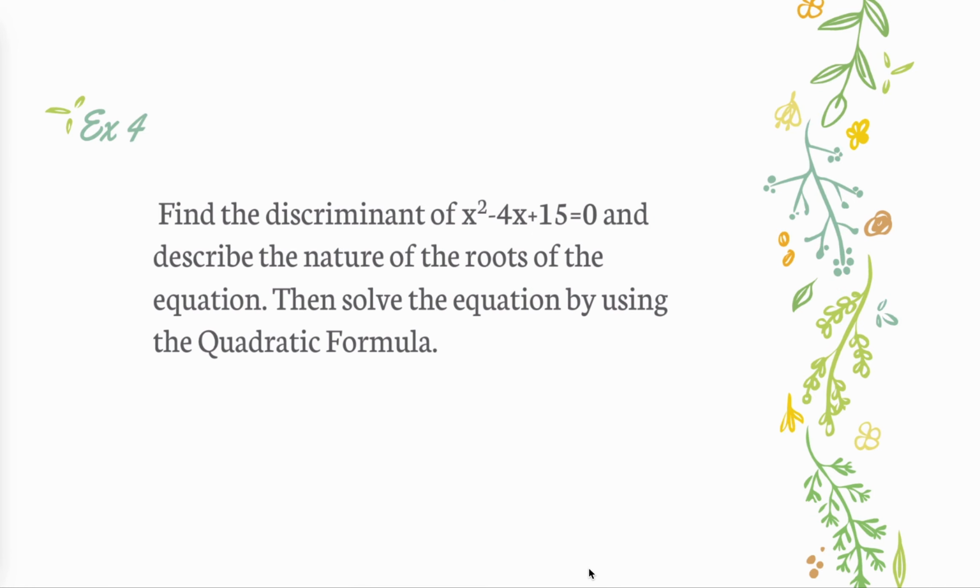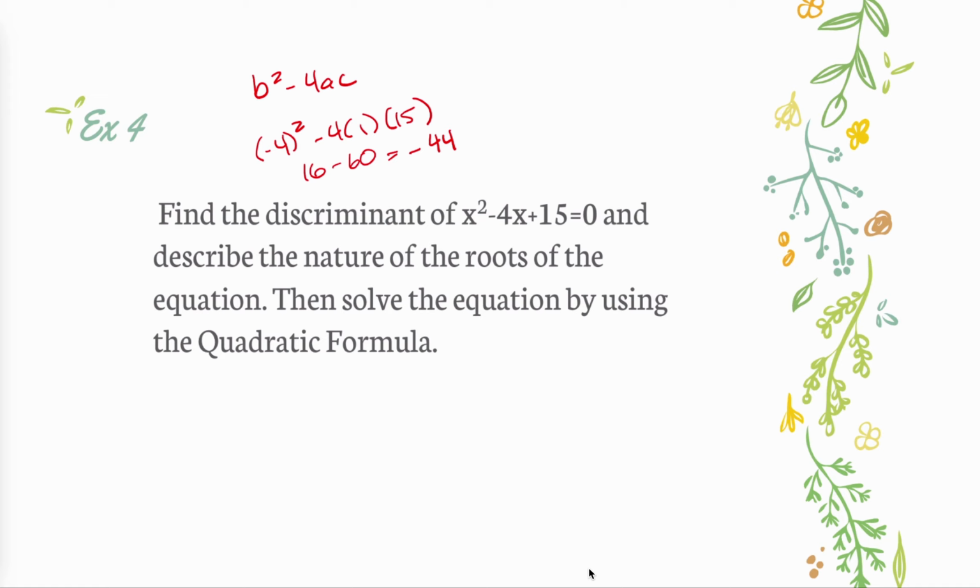Find the discriminant of x squared minus 4x plus 15 equals 0 and describe the nature of the roots of the equation. Then solve the equation by using the quadratic formula. So the discriminant, remember, is the b squared minus 4ac part of the quadratic formula, which is going to be negative 4 squared minus 4 times 1 times 15. 16 minus 60 is negative 44.